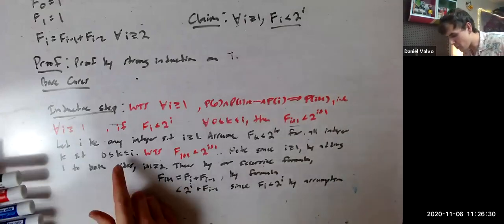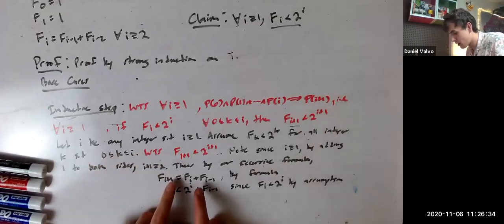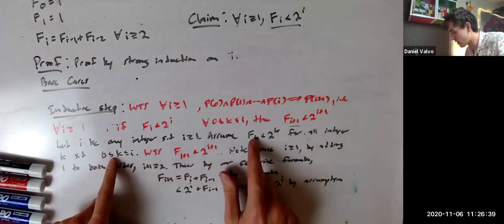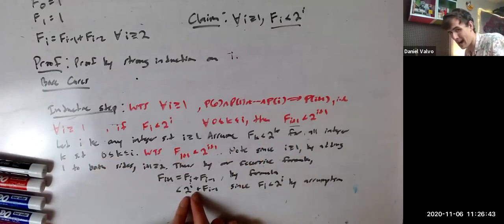We assumed that for all k between 0 and i, f of k is less than 2 to the k. And so in particular, i is between 0 and i, so f of i is less than 2 to the i.